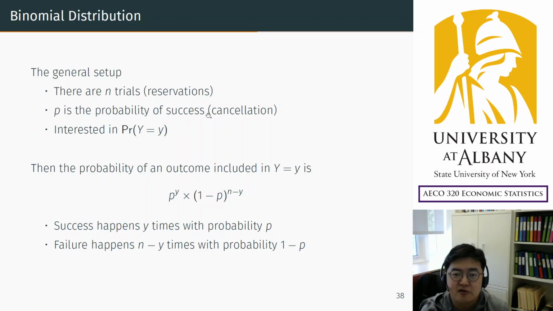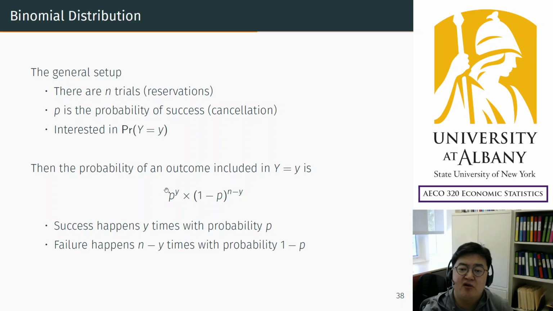In our example, success is cancellation and P is 10%. Okay? And if you are interested in the probability that the number of successes equals a lowercase y, then the latter part of the probability can be calculated this way.